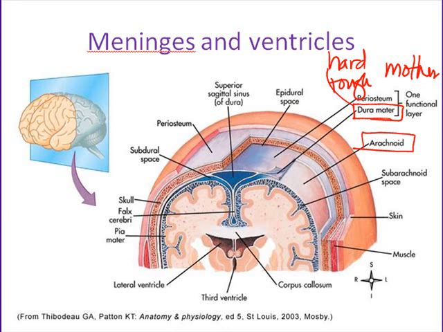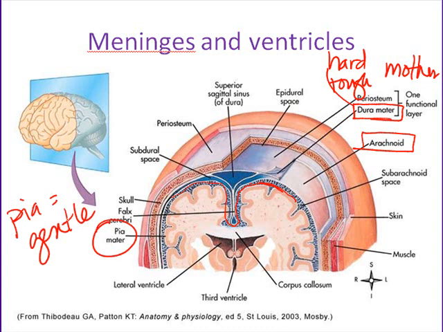If you ever took music classes, you'll know pianissimo, for example, means in Italian very quietly. So this is a very quiet or gentle mother that is just a very thin layer that wraps around and protects the brain.